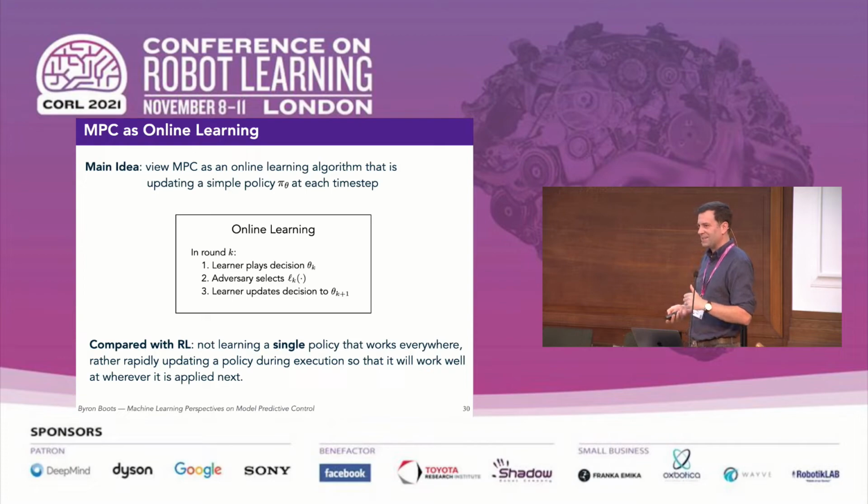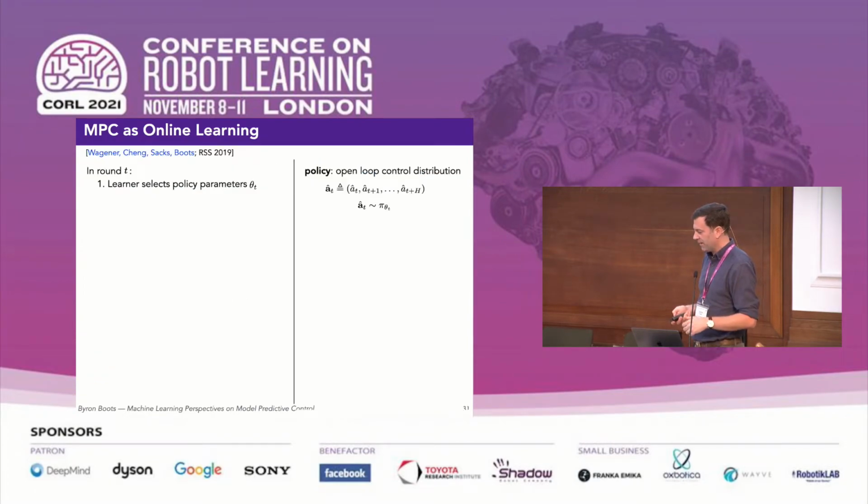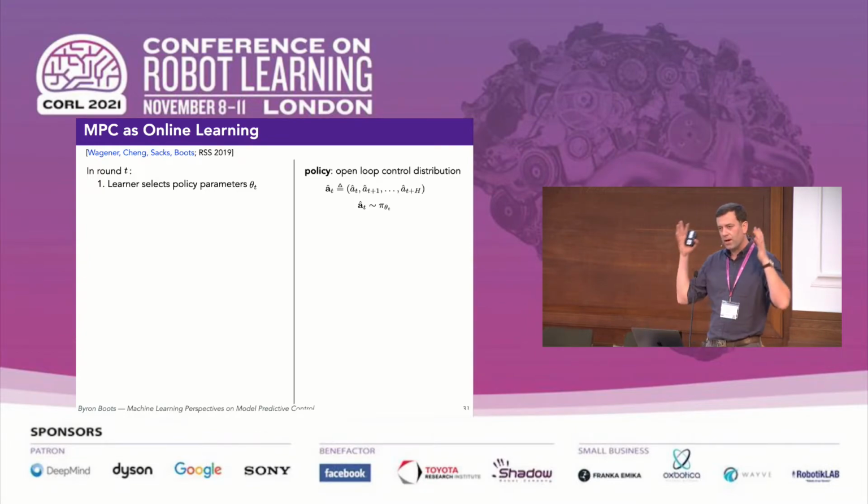Okay, so let's look at the details of how we can do this, maybe in the context of our car racing task. On the left hand of the slides, we have this online learning paradigm. And on the right, we're going to specify choices for our problem. So first, each round of online learning will correspond to a time step in the system. That is, the learner will pick out a new policy at every time step.